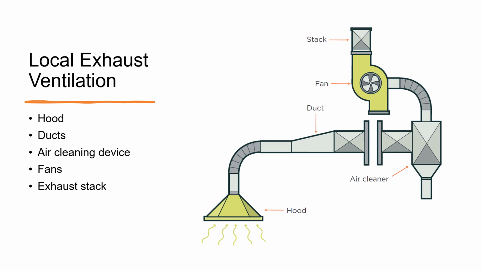You often have an air cleaning device. You have fans, which move the air through the system and then discharge the exhaust air outdoors. And then you have the exhaust stack, which is where the air goes through and exits out into a safe area. So I'm going to talk about some of these elements in more detail now.